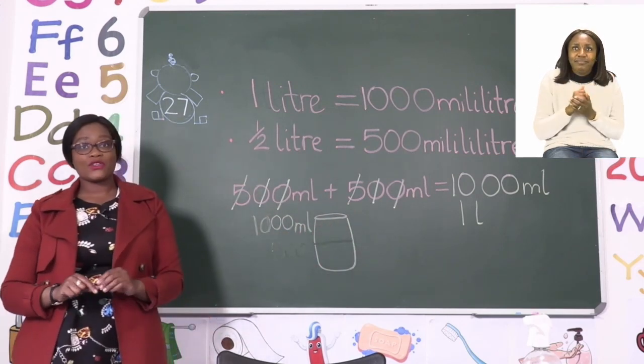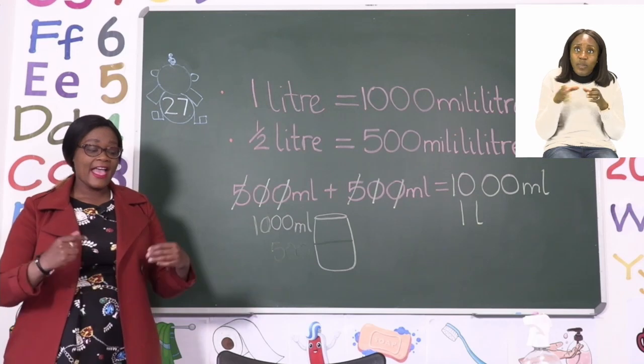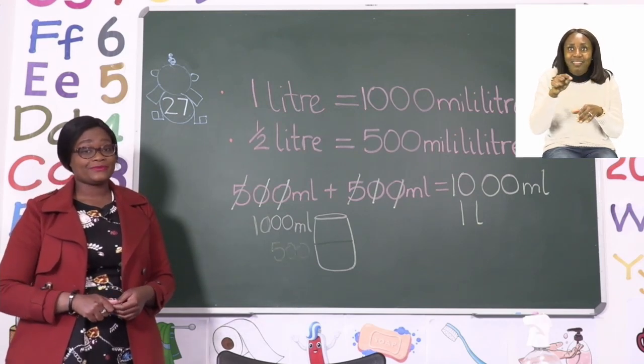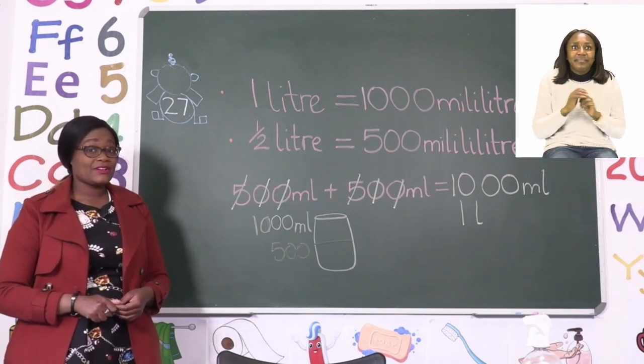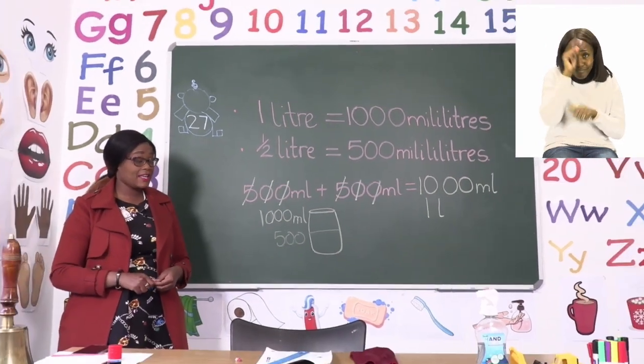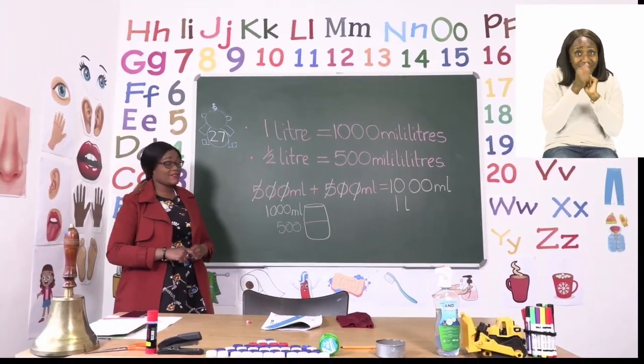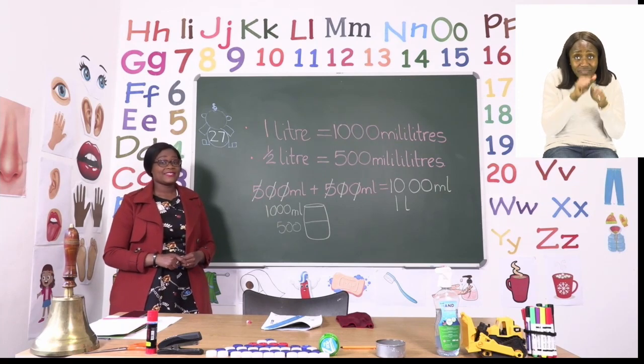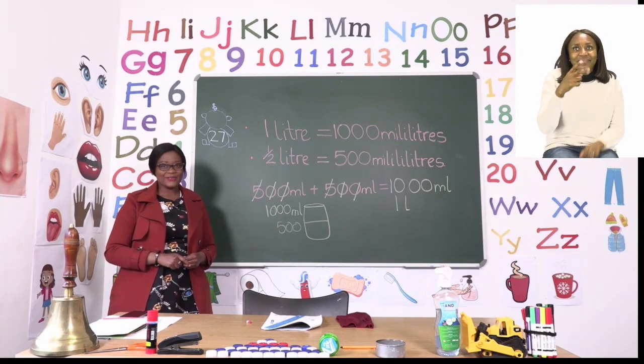So that is where you are going to put your line, and you're going to color as well. Take your time, boys and girls. Make sure that you convert it carefully using the clues I have given you here. I will see you soon after the advert break.